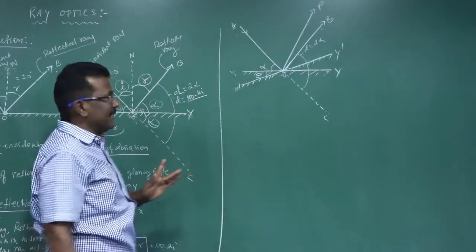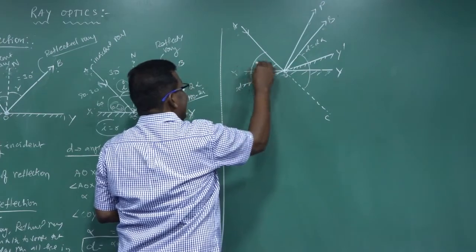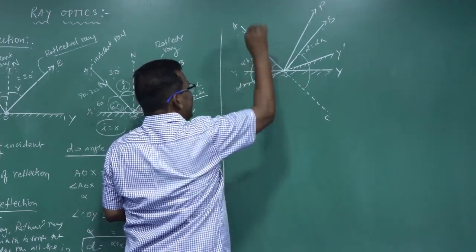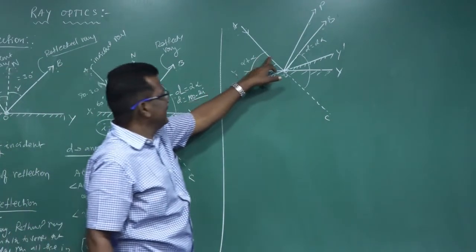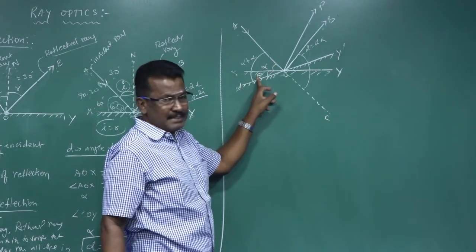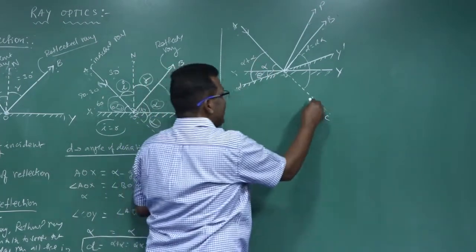If the plane mirror rotates by theta, the glancing angle is totally alpha plus theta. We know that the angle between the incident ray and the surface is the glancing angle. If it is the glancing angle, how much is deviated?